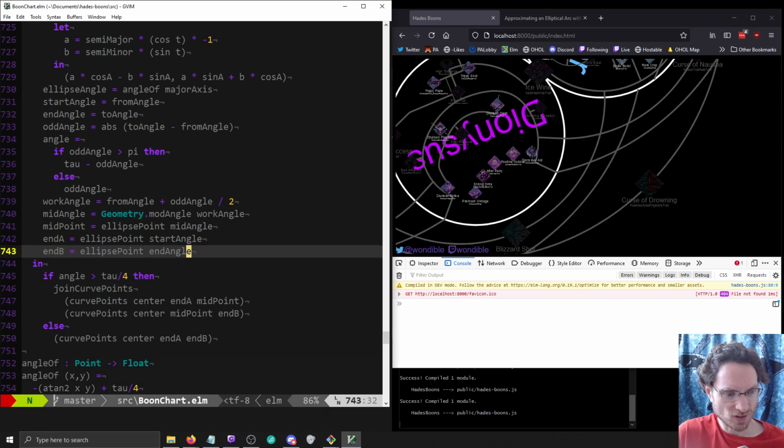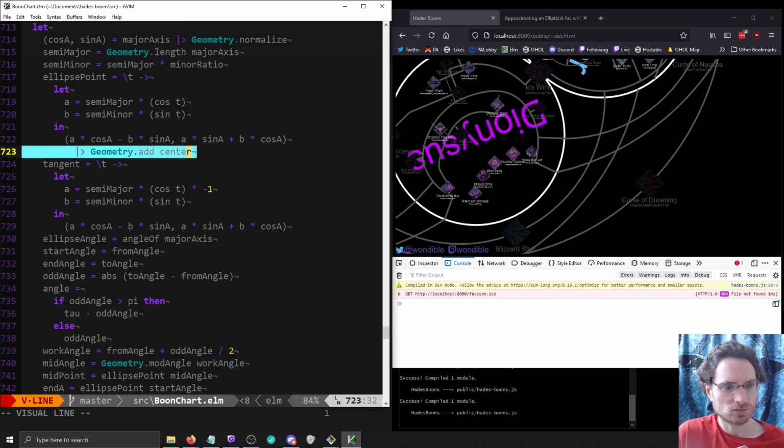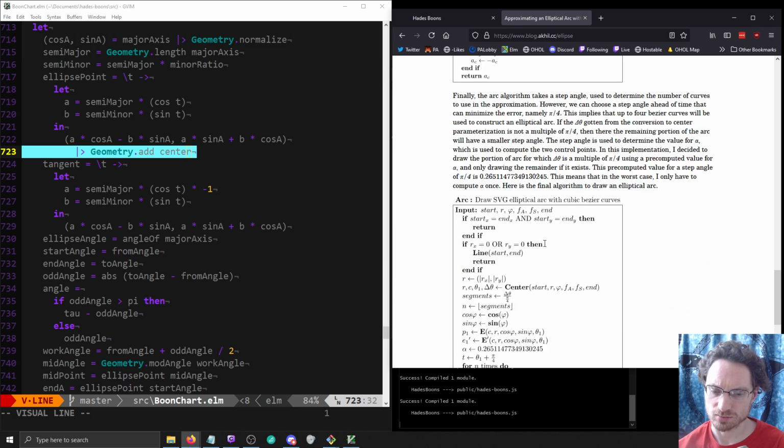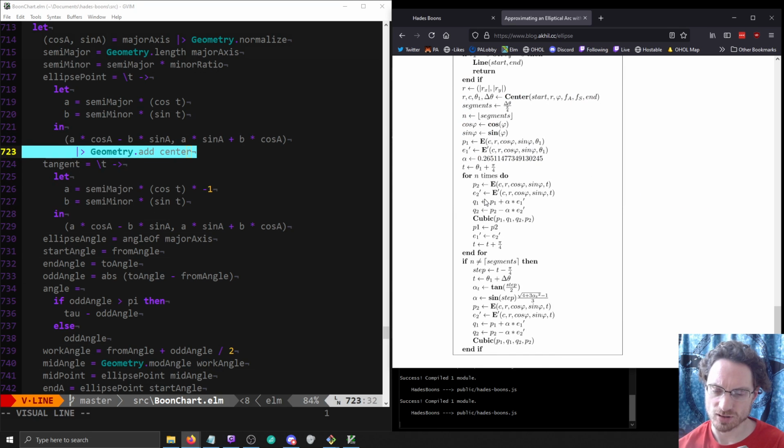So it's always going to be center. Oh, actually. This is probably all you need for center on that, huh? Because it's calculating point.